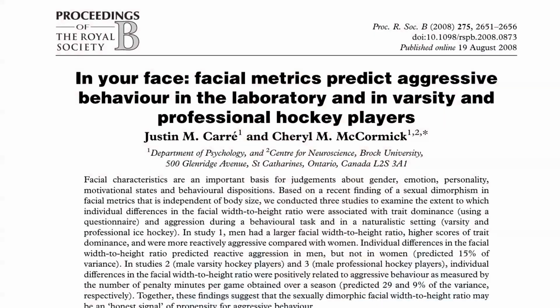So the study we're going to take a look at has a great title, In Your Face: Facial metrics predict aggressive behavior in the laboratory and in varsity and professional hockey players. What they found is there were recent studies of sexual dimorphism in facial metrics that is independent of body size.